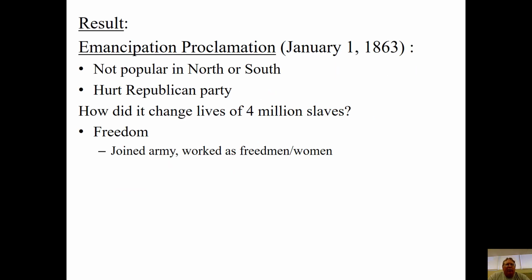But in the end, what we're really kind of seeing is that this is kind of a war aim, if you will, right? It's kind of like Dunmore's proclamation during the American Revolution. Remember, the British Governor Lord Dunmore at that time in 1775, as things are starting to look really bad for the British government, issues this proclamation that says, hey, if slaves run over to our side, the British side will help you out.